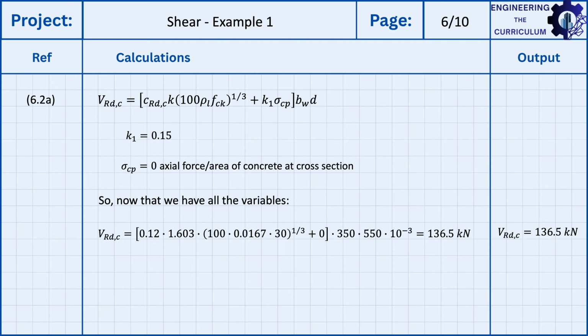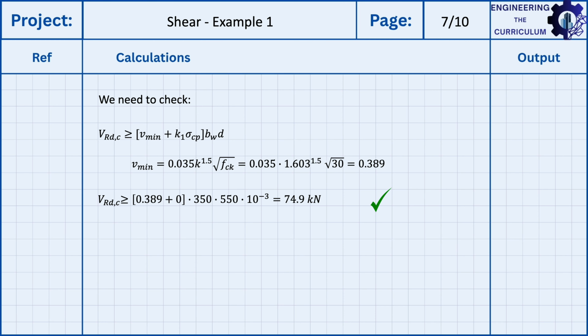Now, before I come to any conclusions, I need to do one more check on this. And that check is that VRd,c is bigger or equal to (nu min plus k1 sigma cp) times bw d. Nu min is 0.035 k to the power of 1.5 times the square root of fck. We've already found k in the previous slide as 1.603, and we know what fck is, so we can find out that nu min is 0.389.